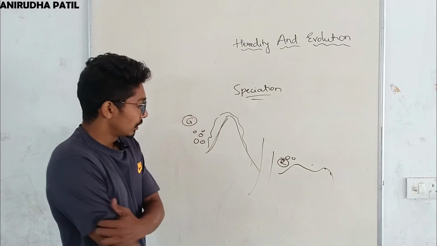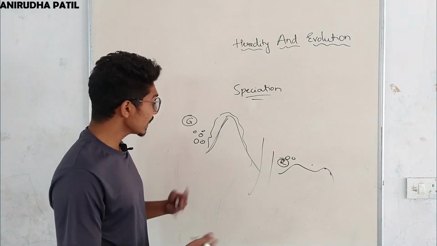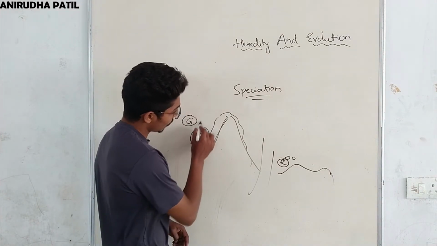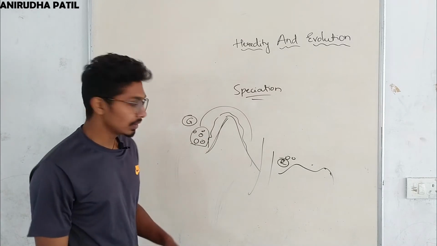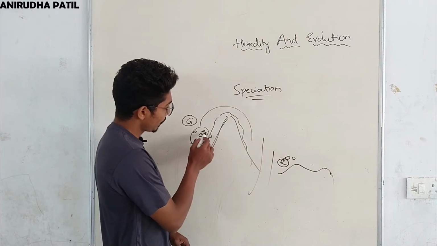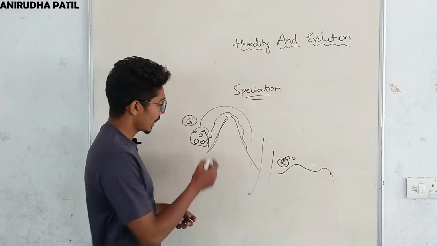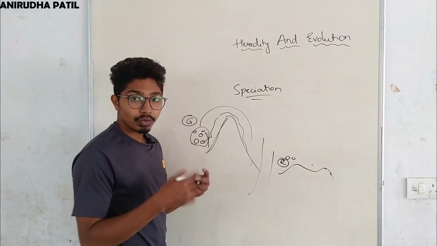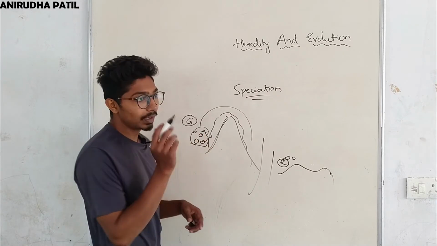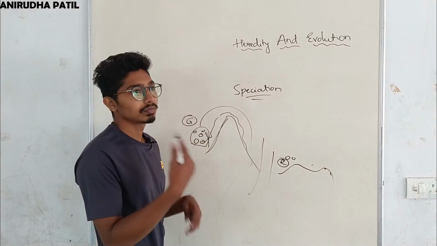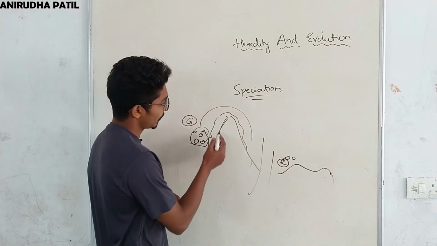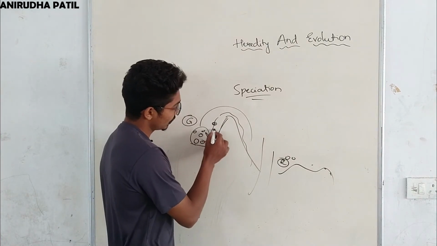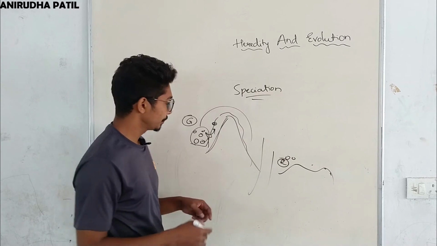Okay, now various things happen here. When these green beetles are in large quantity, they meet other beetles for reproduction, and they grow in large numbers. But after a long period of time, the bushes on which they feed may vanish.